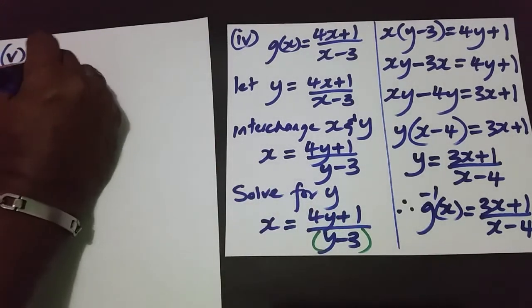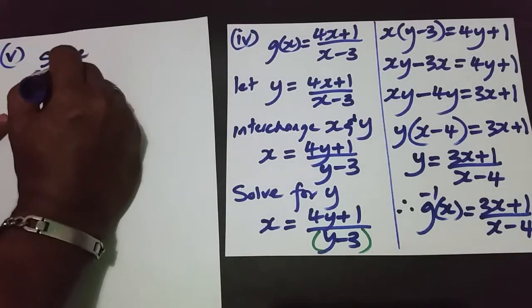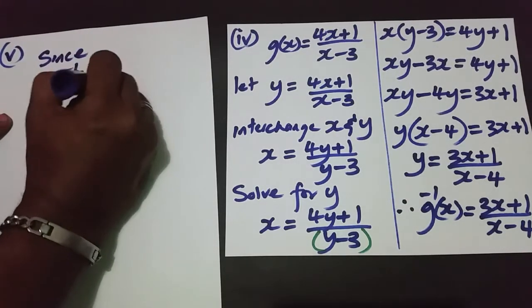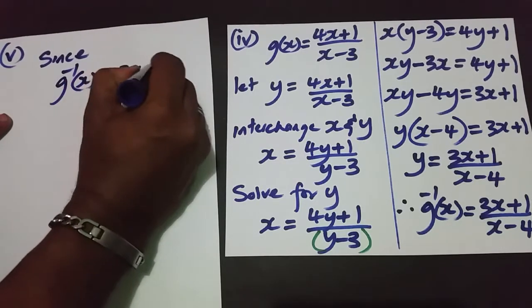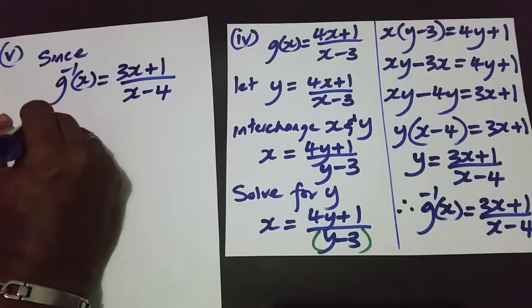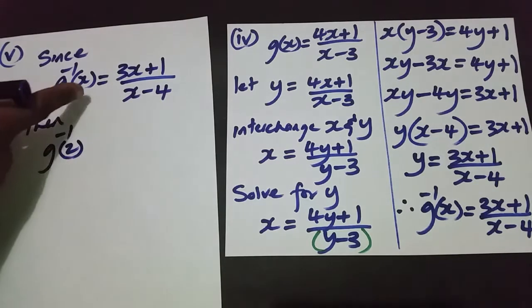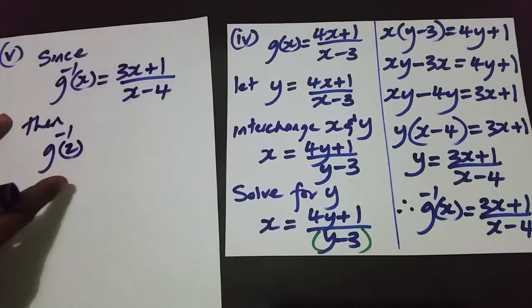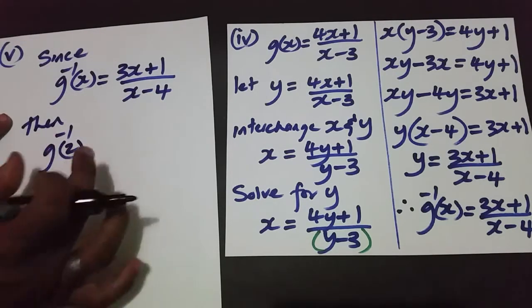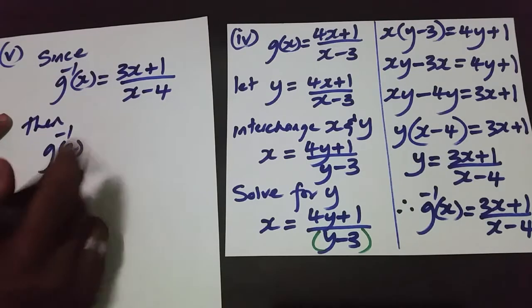So since the inverse of g of x is equal to 3x plus 1 over x minus 4, then the inverse of g of 2 simply means wherever x is in the inverse, we're replacing it with 2. Because when you compare this and this, you realize x is coming out and 2 is going in.